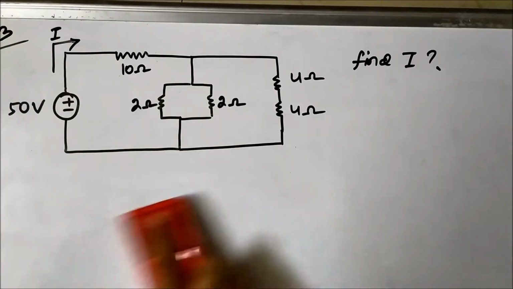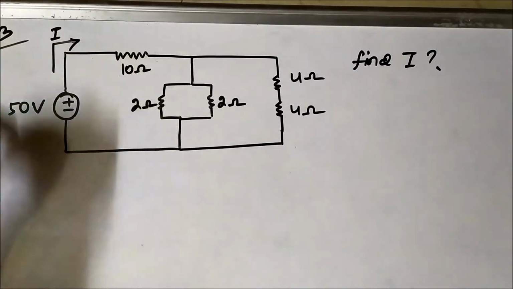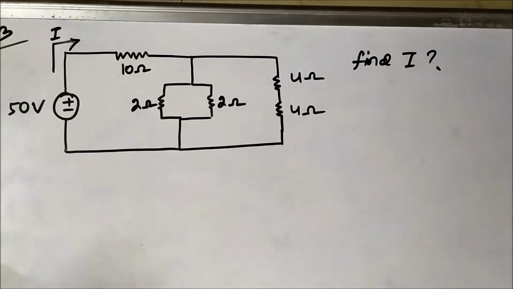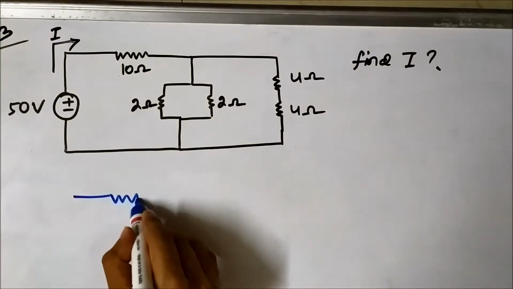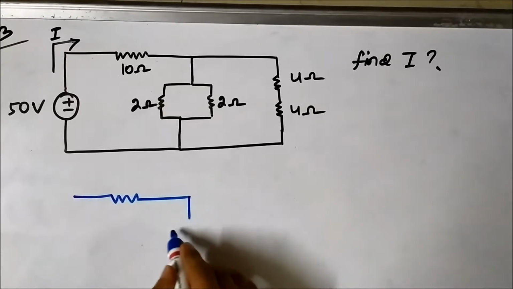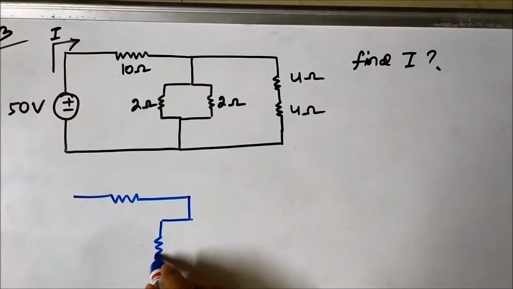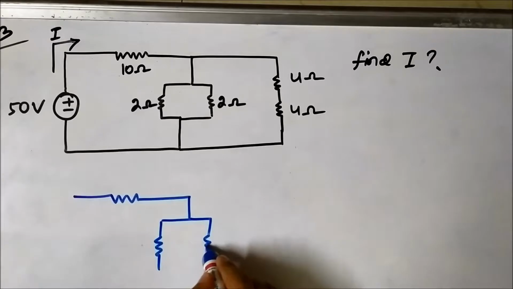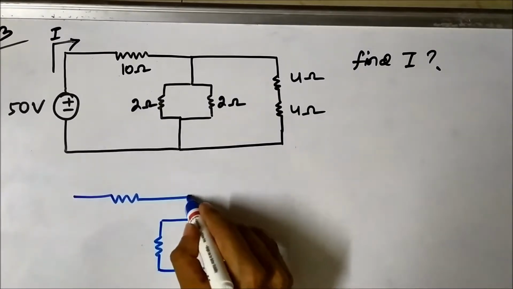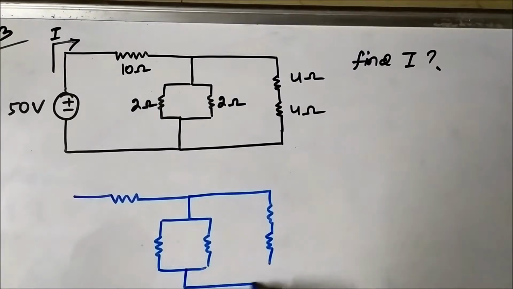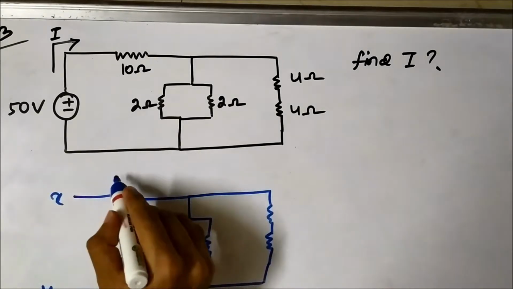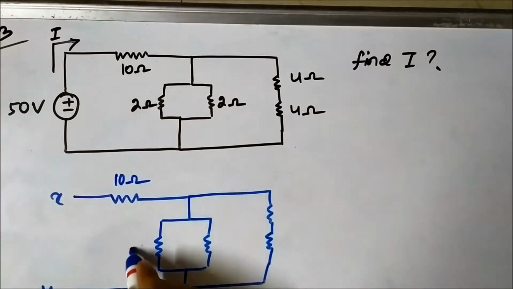For now, just forget about the 50 volt voltage source. We have to calculate the equivalent resistance across these 2 points. Let's say they are X and Y.